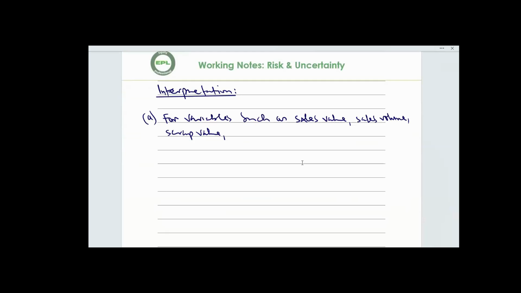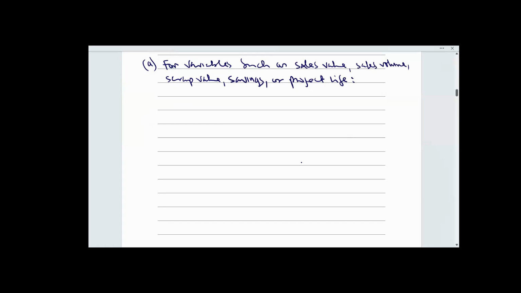Now, for variables such as sales value, sales volume, scrap value, savings, project life, your interpretation should be that the variable should not fall or decline below the percentage attained.